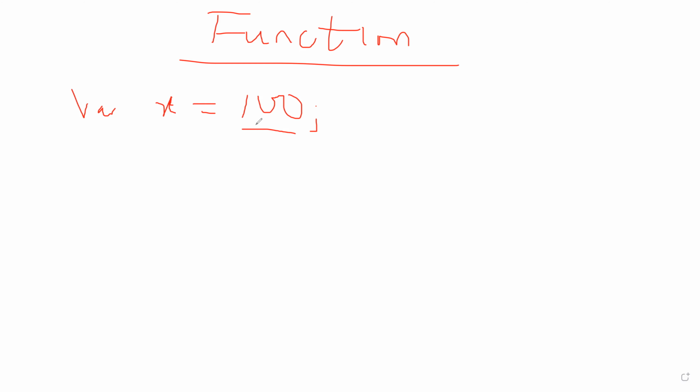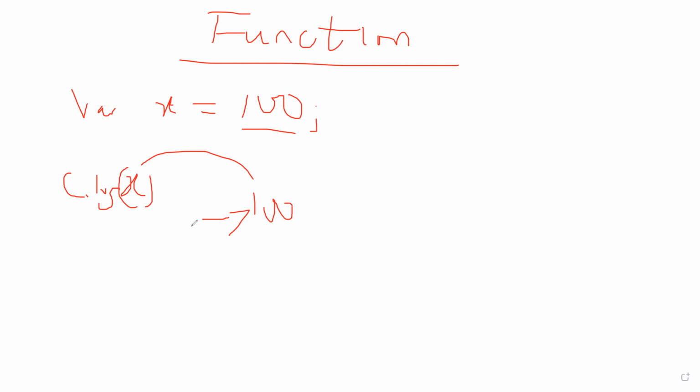And for me to call this number, I'm going to just say x. So calling x will return to me, or give me, the value of 100. That means that if I do console.log on this x now, I will see 100 being displayed on the browser or on the console.